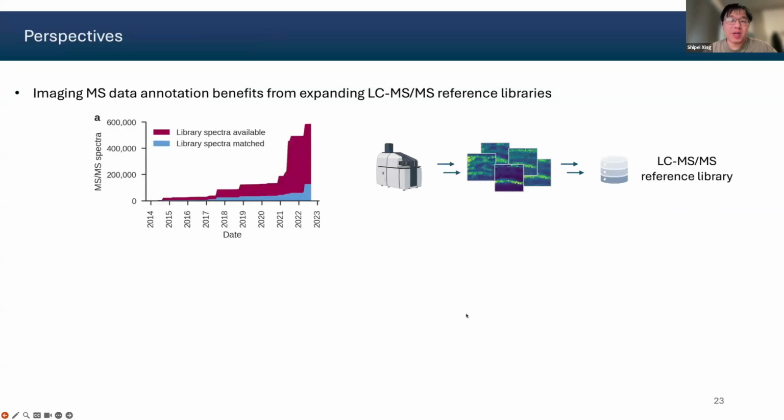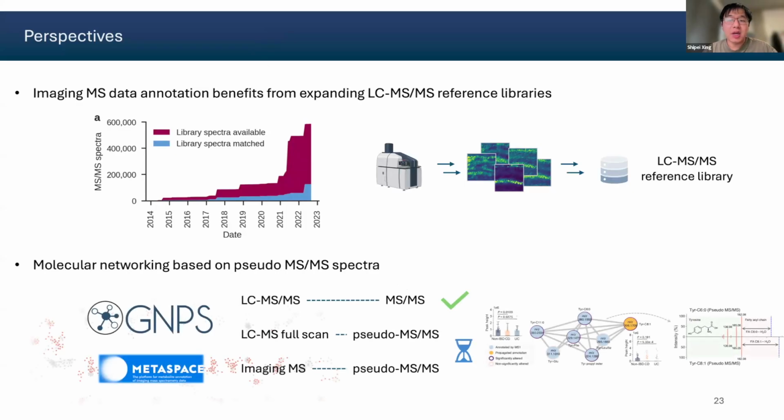And here are the perspectives. As we all know, the LC-MS library is growing pretty fast, and it is so exciting to see if we can leverage such resources to annotate imaging data as well. On the other hand, currently the GNPS ecosystem is able to perform molecular networking for LC-MS data using the collected MS2 spectra.